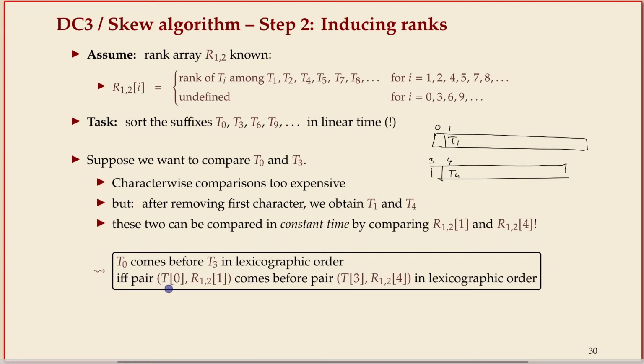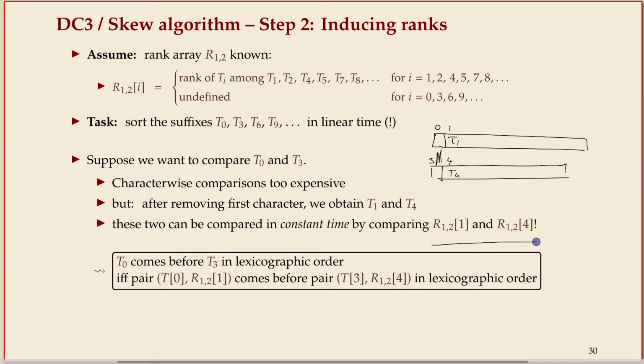If I want to figure out whether T0 or T3 comes earlier in the alphabetic order, I explicitly compare the first character. If that one's different, I already know which comes earlier, whatever character is earlier in the alphabet. But if they're the same, then I instead look at the suffixes that remain after that, and for those two I already have all the information I need.